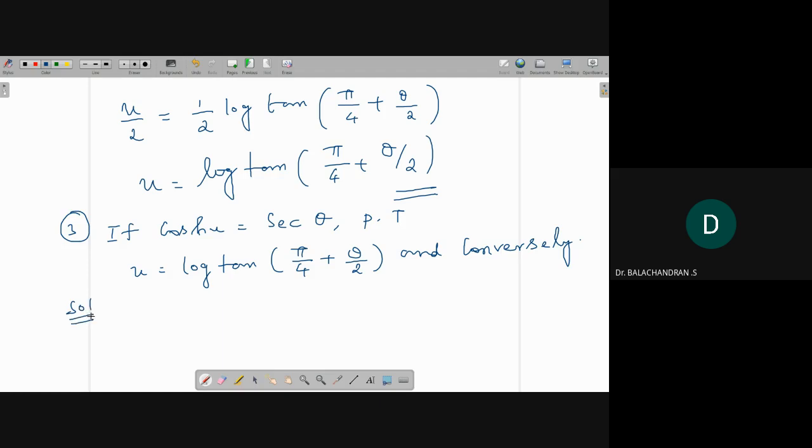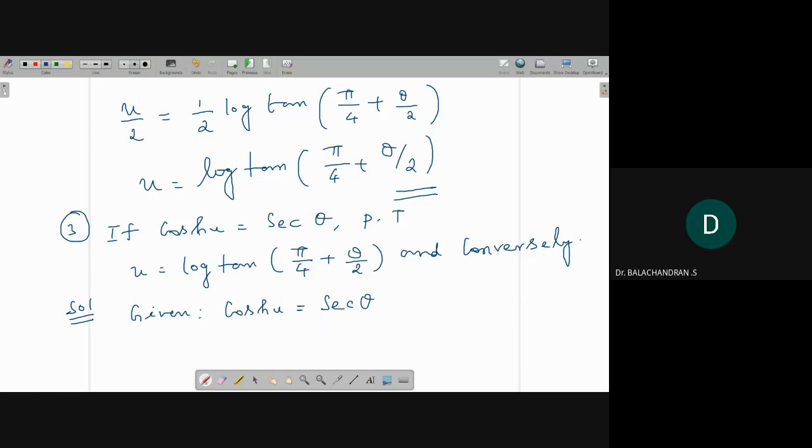Solution. So here, what is given? Cosh u equal to secant theta. So this is given. Now I need u.